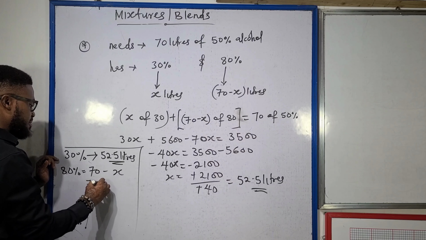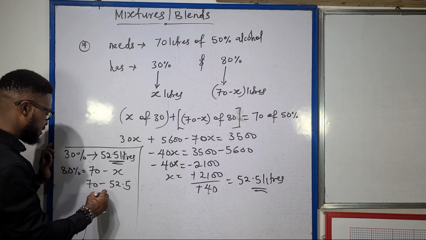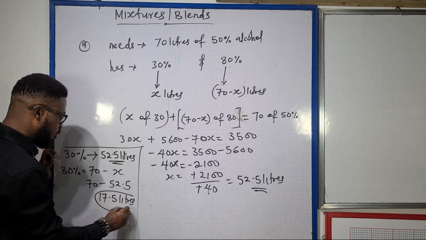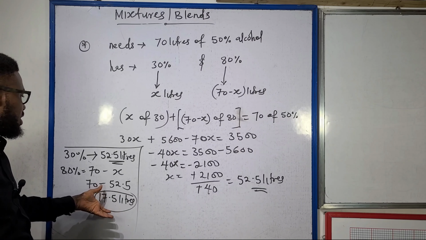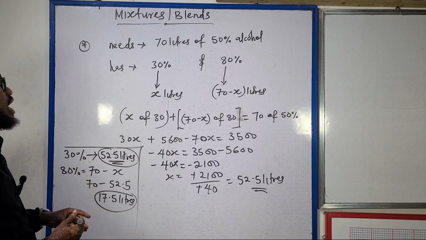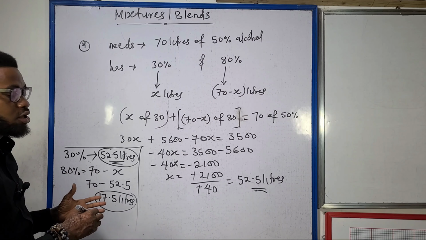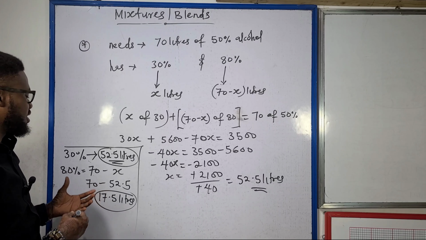So that's 70 minus 52.5, that is 17.5 liters. So for the 80% solution, I need 17.5 liters. When I mix this and this, that is when I'll be able to create 70 liters of 50% alcohol solution. So this is just what mixture is all about.